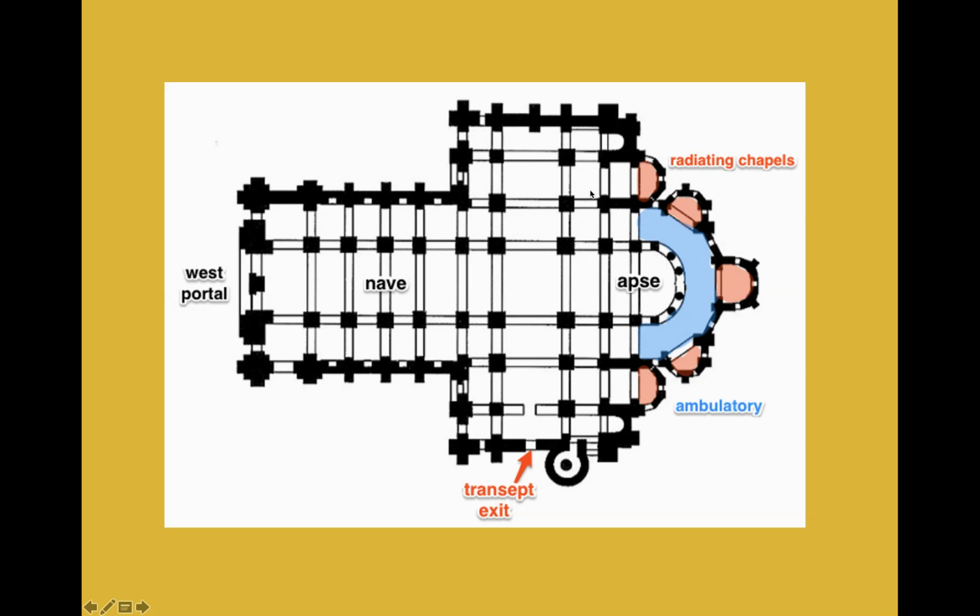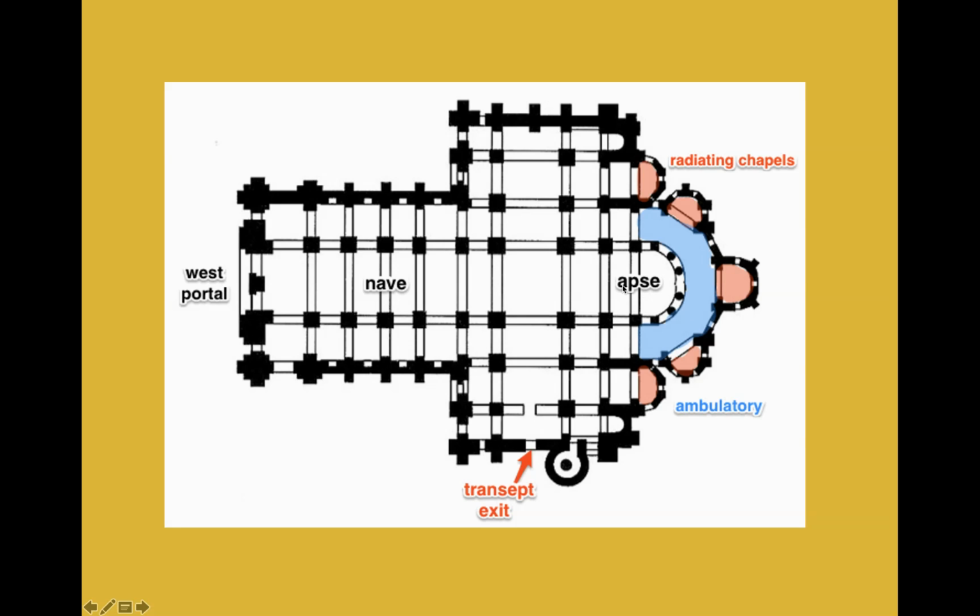You can walk behind the altar and go to these little tiny chapels that are behind the altar. So there are little bloops on the back of the church. Those are called radiating chapels. So this has an altar in it to serve mass for all of the people. But these also have little tiny altars in them if you're having mass for just one or two people. Okay. So nave is where the people sit. Transept is the crosspiece.